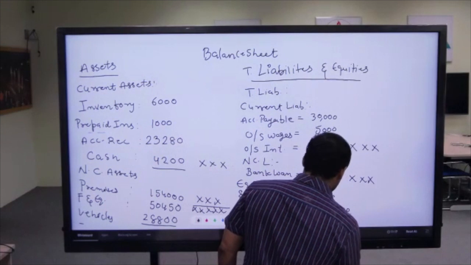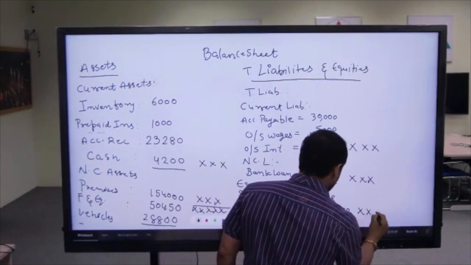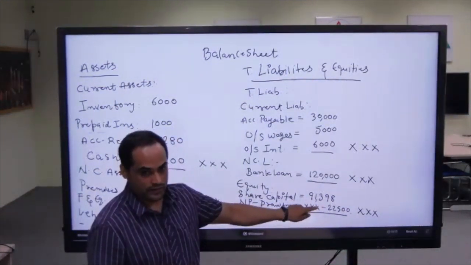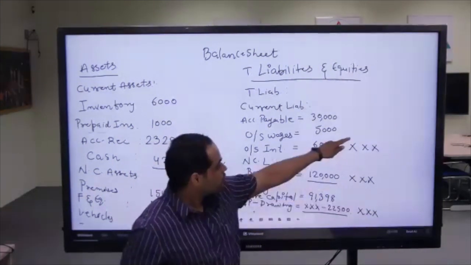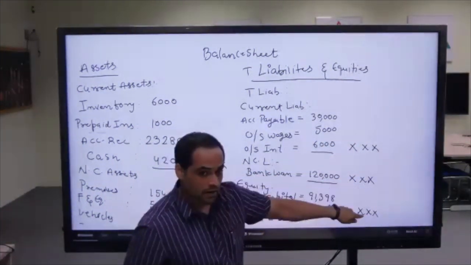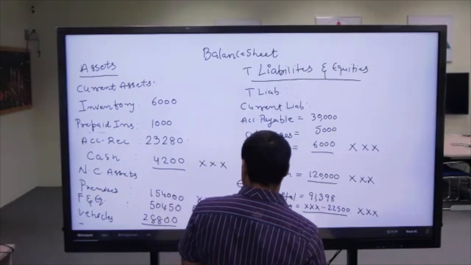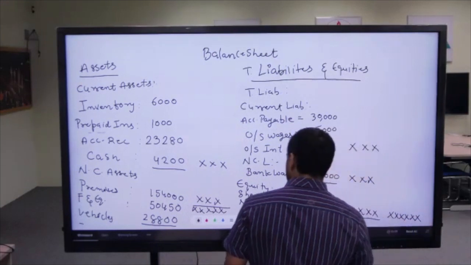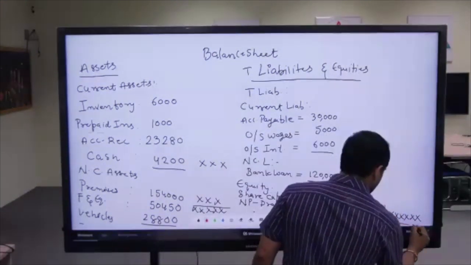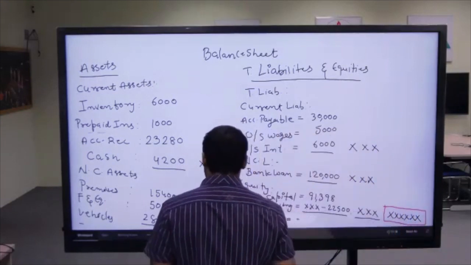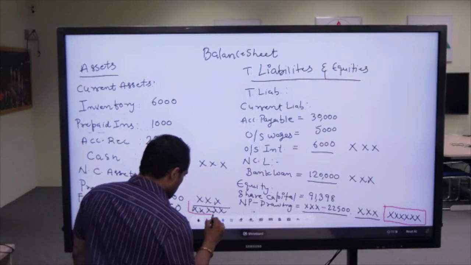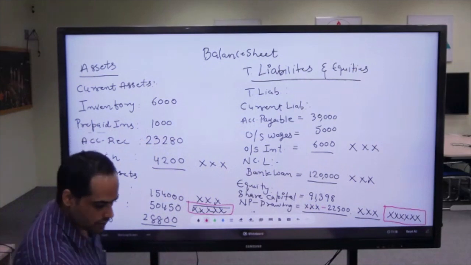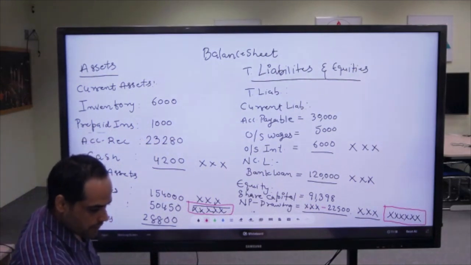So now, share capital plus net profit, subtract drawing, we got here. So this plus this plus this. The idea is this number must be equal to this number.